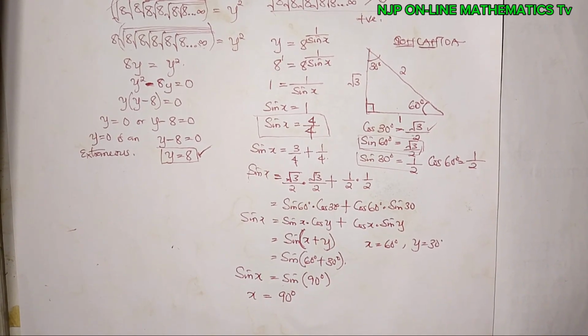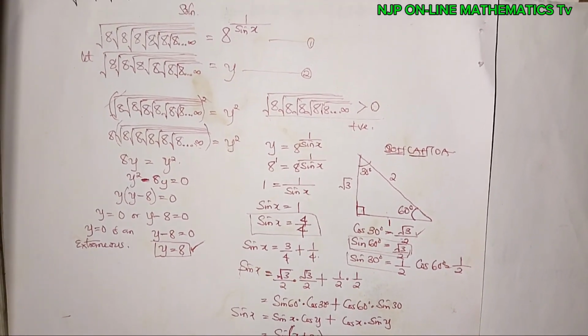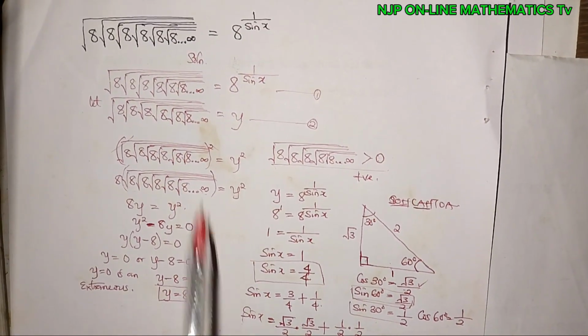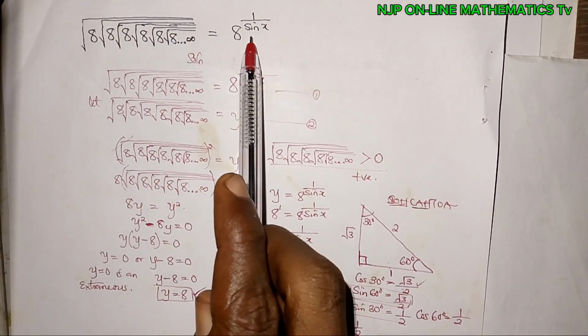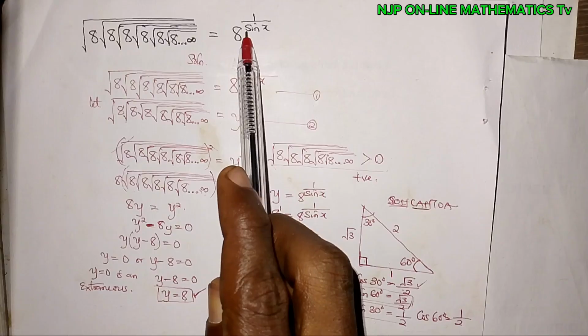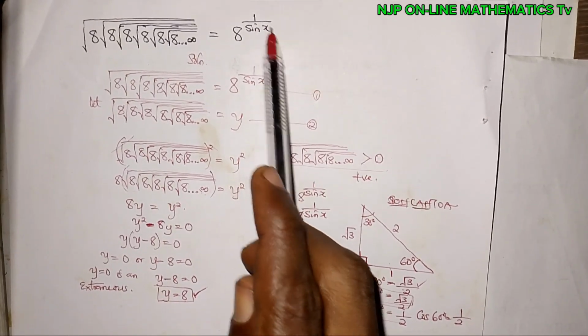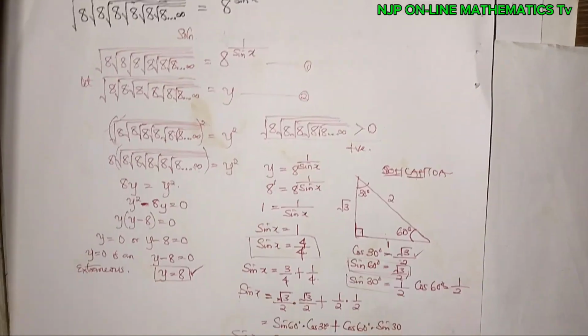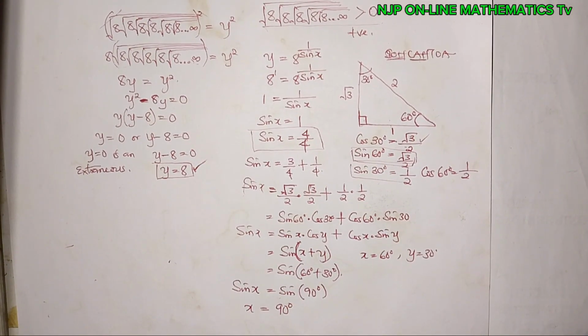Therefore, the value of x to satisfy the original equation, that the whole expression equals 8 raised to the power of the inverse of sine x, must be equal to 90 degrees.